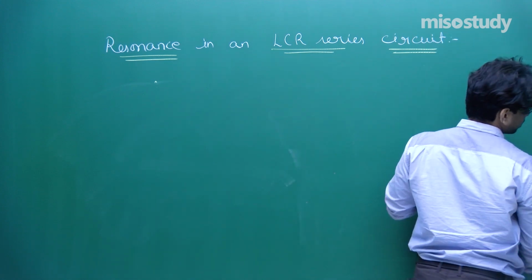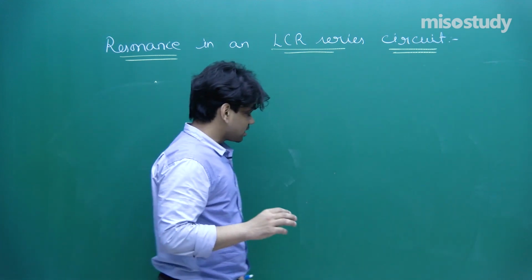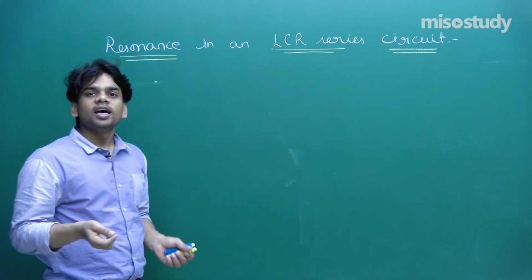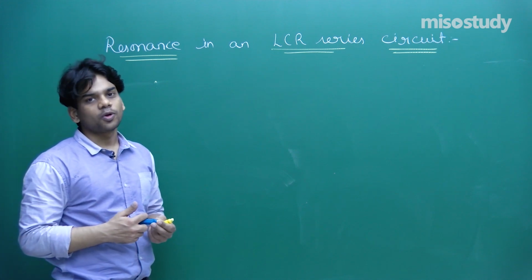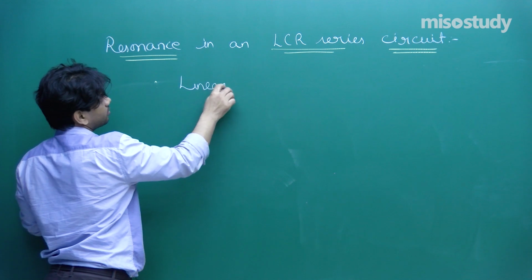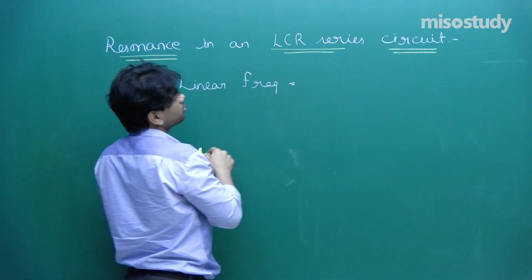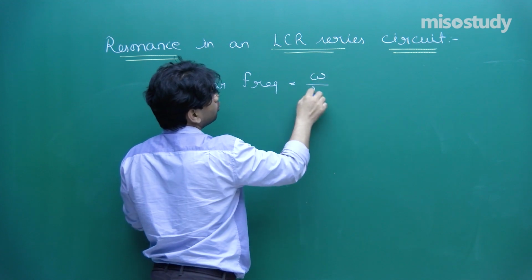So very easy, some points that you need to remember. You need to remember that it's a case of maximum current flowing through the circuit, and resonant frequency is omega naught, 1 upon root LC. If I need to comment on the linear frequency of the applied source, linear frequency is omega by 2 pi.